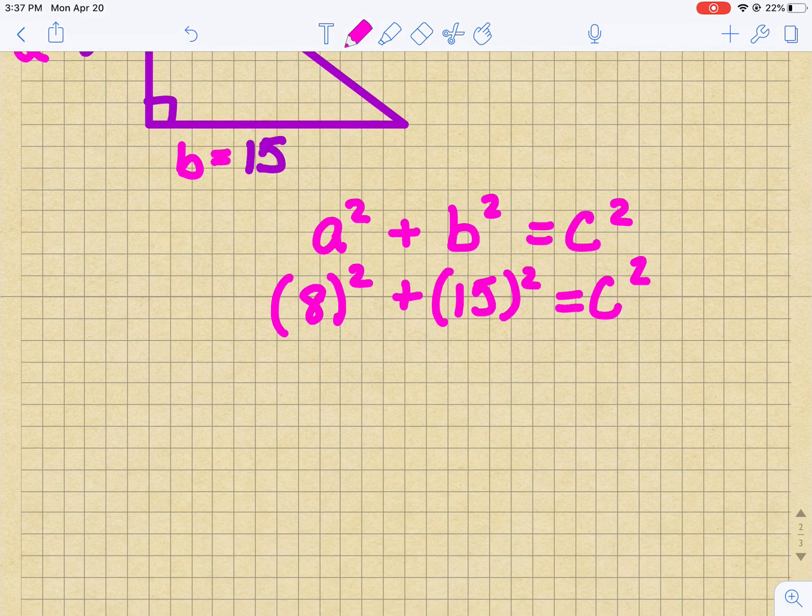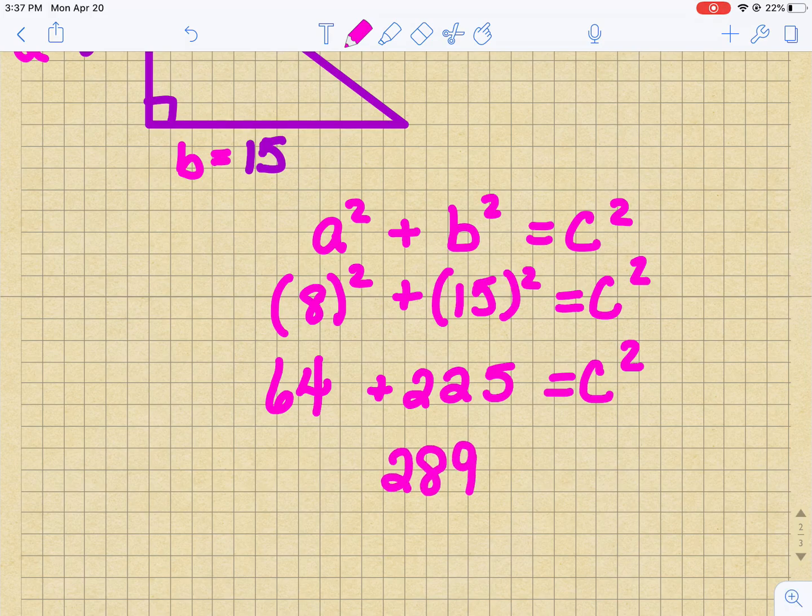I get out my calculator if I don't know, and I do 8 squared is 64. 15 squared is 225. And you can do this in one step if you want. And 64 plus 225 is going to be 289. And that's C squared. We're not done though.